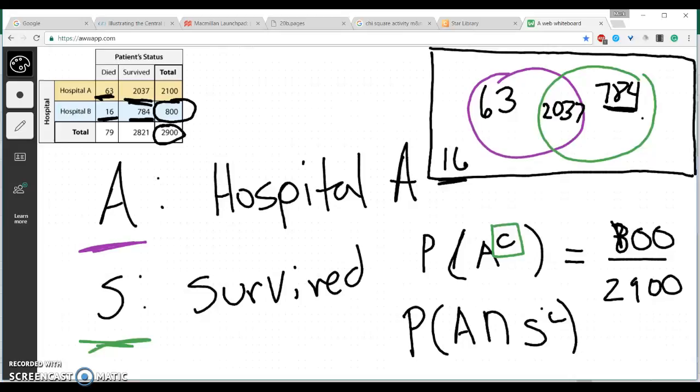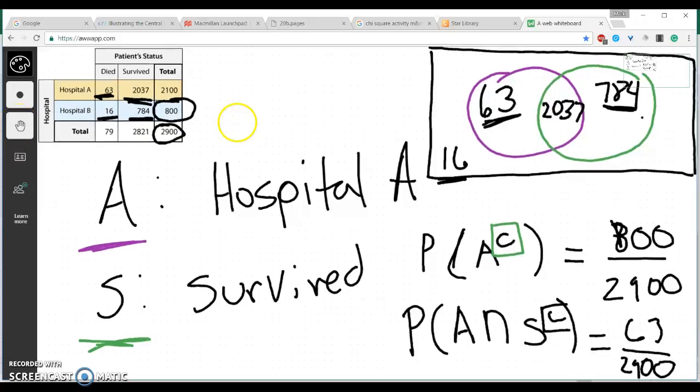So again, that little C is going to tell me it's not in S. And so that would be all the people that are in A but are not in S, which would just be these people right here. So that would be 63 over 2,900. Okay.